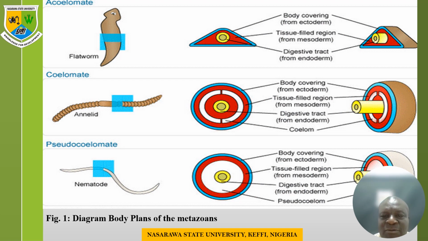So in this one, we also have the body covering from the ectoderm, tissue-filled region from the mesoderm, digestive tract from the endoderm, and pseudocoelom. That is the false coelom, which also plays a vital role in the survival of this organism. So these diagrams depict the nature of the organism, the true picture of the coelom.